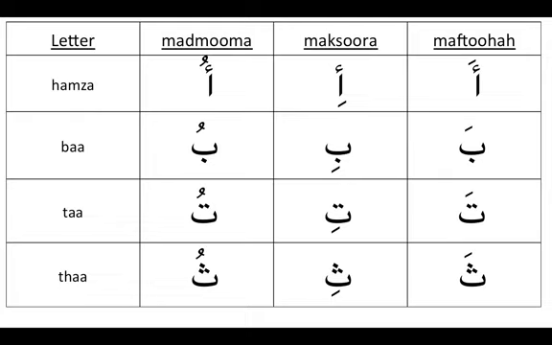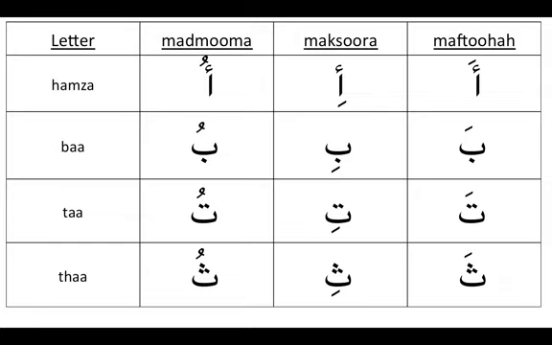Next I wanted to show you a grid of what the 28 letters in the Arabic language look like when the diacritics are placed on them. The first column denotes the name of the letter. The second column denotes what the letter looks like when that diacritic is placed on it.